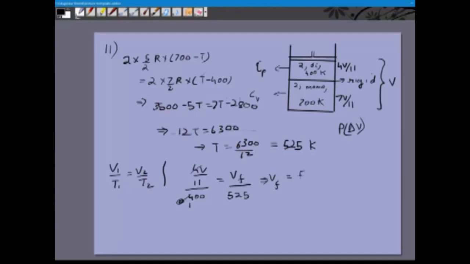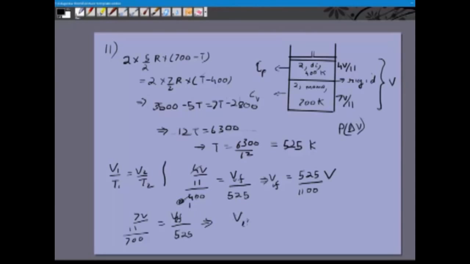So Vf is 525 by 1100 V. Okay. Similarly, 7V by 11 by 700 is equal to Vf for the second one. So this is V upper final and this is V lower final divided by 525. So we get the same thing in this case.